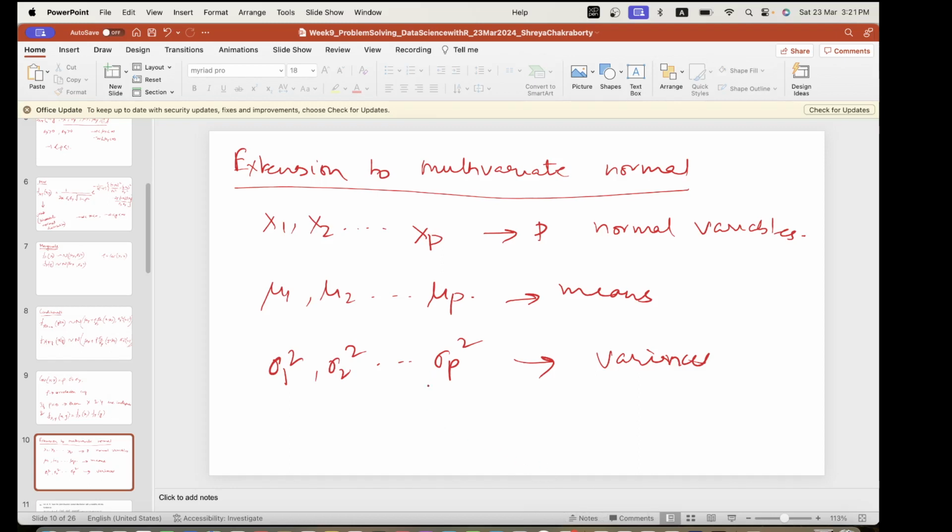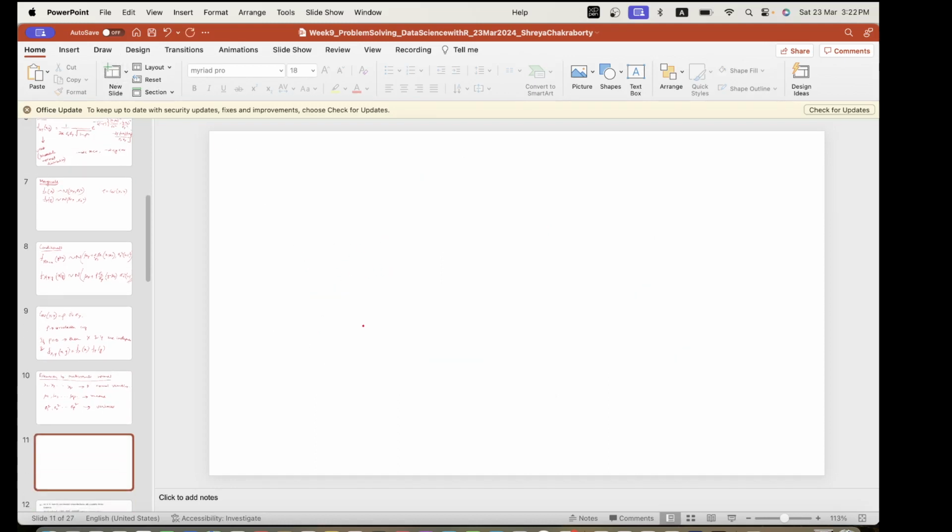So writing it down in one line is difficult, so what we usually do is use a matrix notation. How do we represent this p variate normal distribution? We write it in terms of a vector.